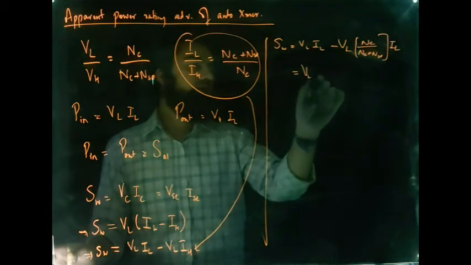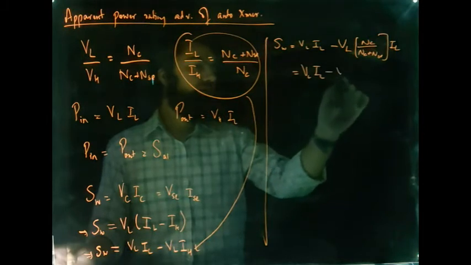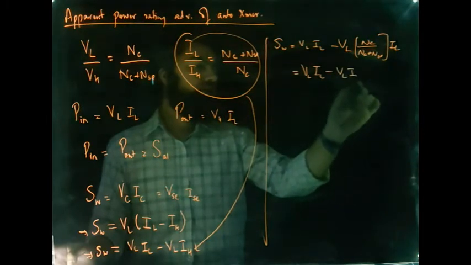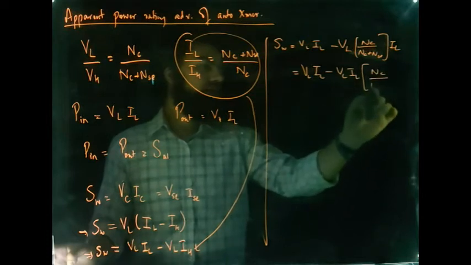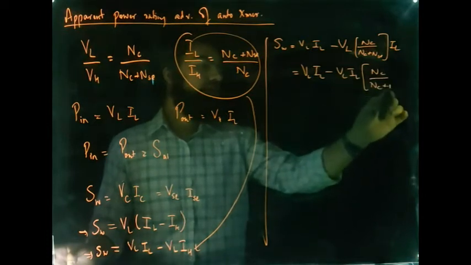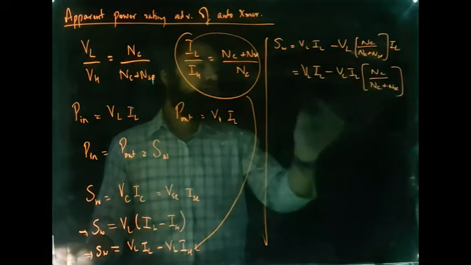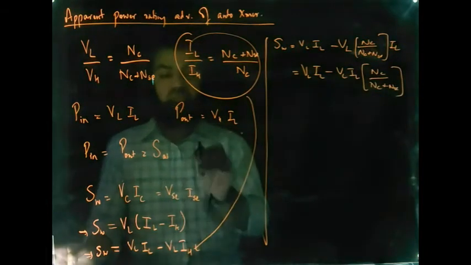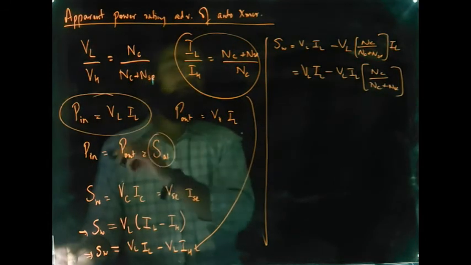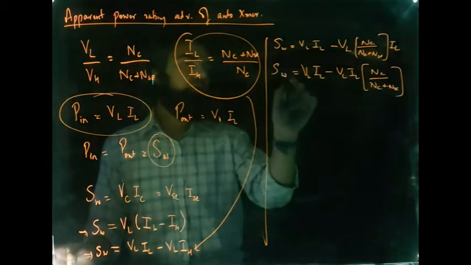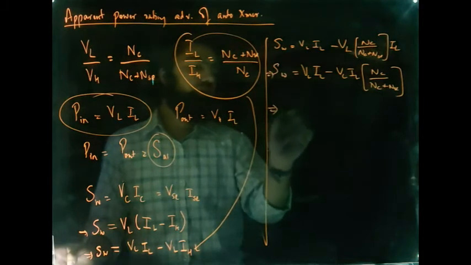So that means VL IL minus VL IL times NC divided by NC plus NSC. What is VL IL? VL IL is the power rating of the auto transformer.